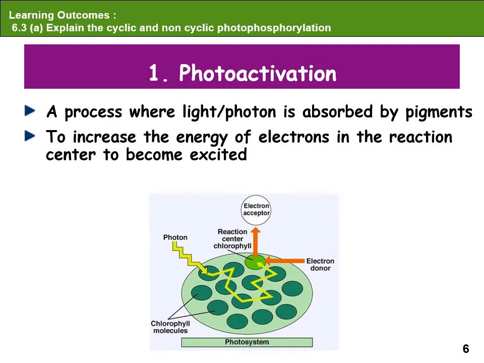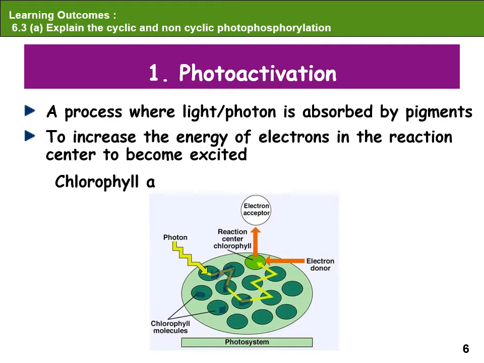So what happened in this process is actually this: when the pigments, kan kita ada the pigment, the chlorophyll molecule ni lah, dia ada banyak pigment molecule here. So bila pigment molecule ni dia absorb the photon ataupun light energy, dia akan transfer this energy from one pigment to another.